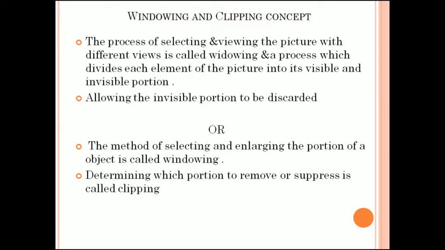Suppose some complex drawing or maps are drawn on a computer, say the roadmap of Maharashtra state, and we want to read the roadmap for Pune city. Then it will be very difficult to read the map. In that case it will be useful to display only that part of the drawing in which we are interested.